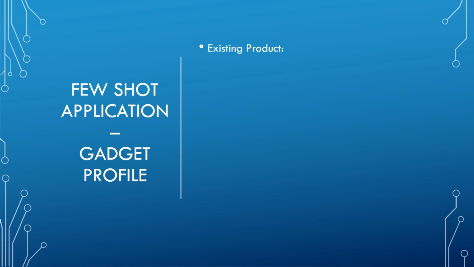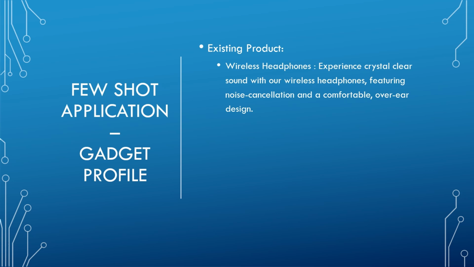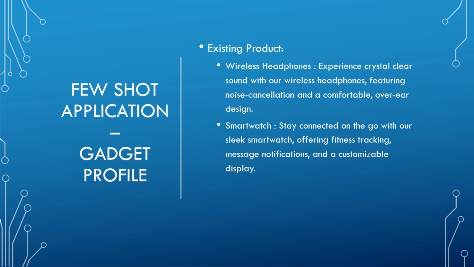For example, first we have wireless headphones. The description highlights key features like crystal clear sound, noise cancellation, and a comfortable over-ear design. Next, we have a smartwatch. Its description focuses on staying connected with fitness tracking, message notifications, and a customizable display.